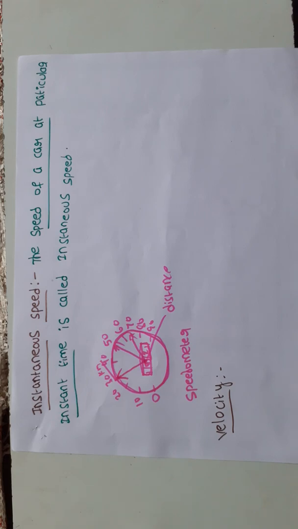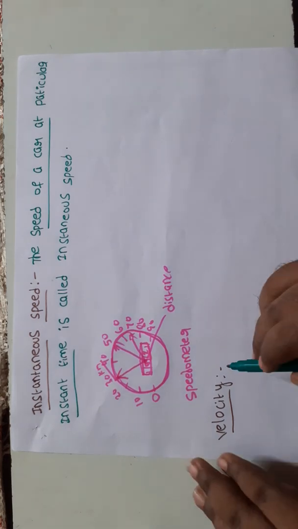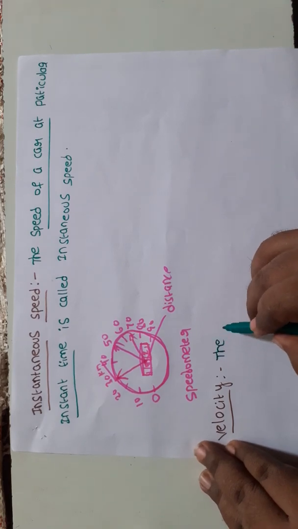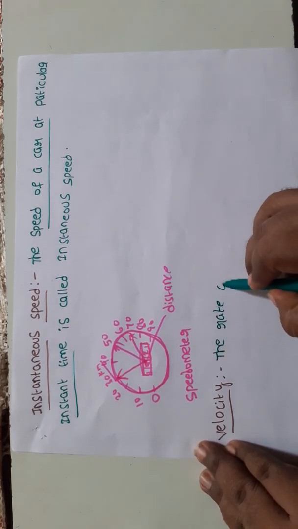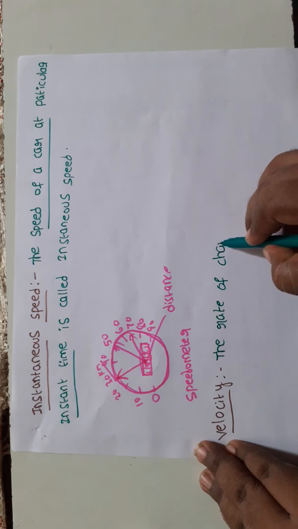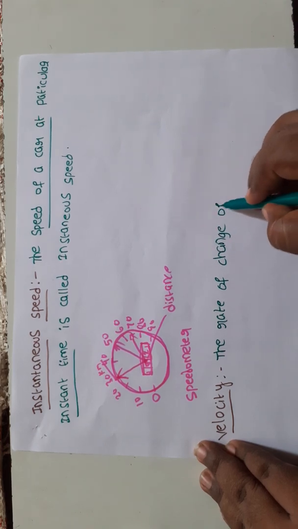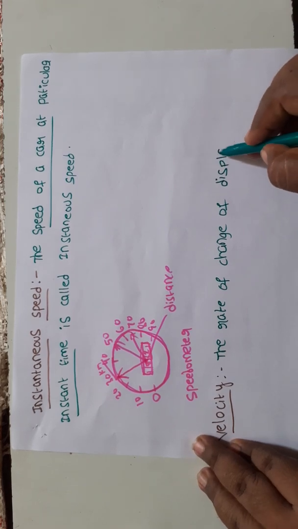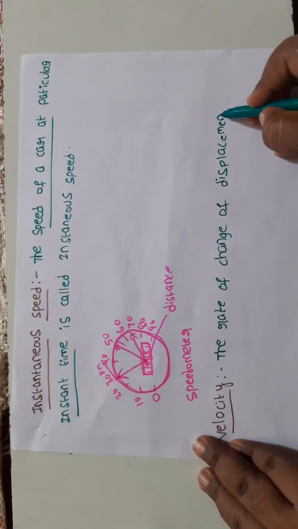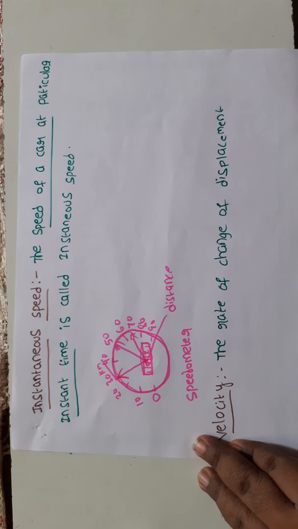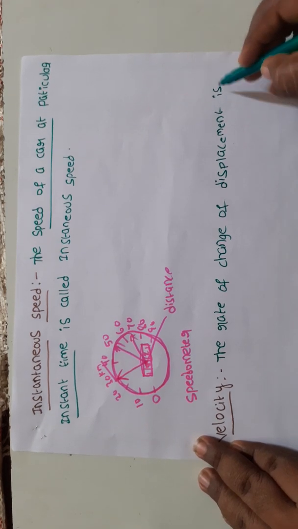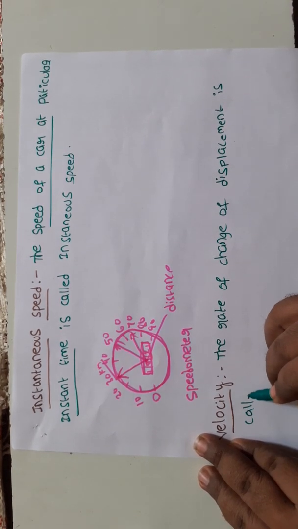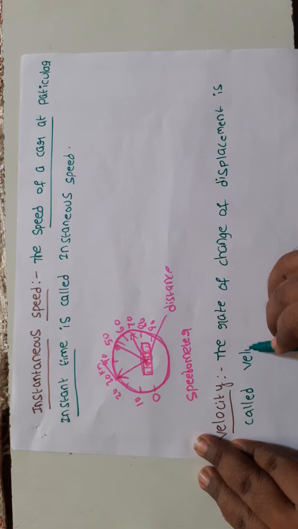What is meant by velocity? The rate of change of displacement is called velocity.